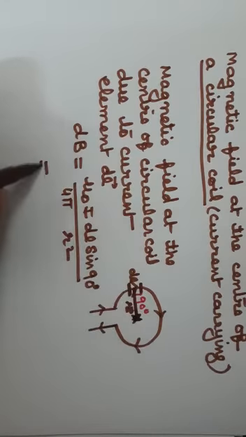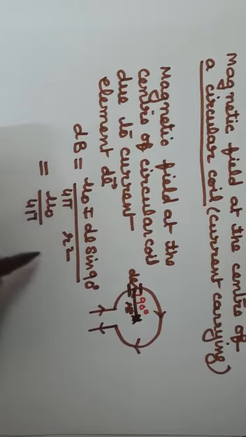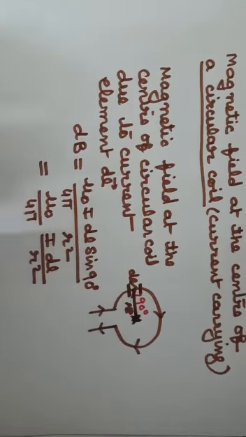Okay, so this will be mu naught upon 4 pi, I dl upon r square.